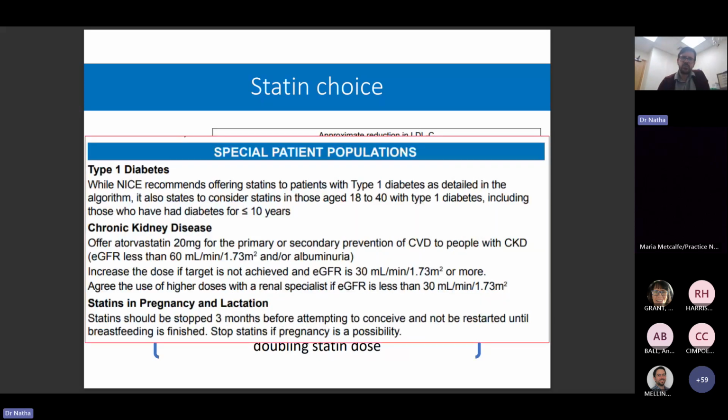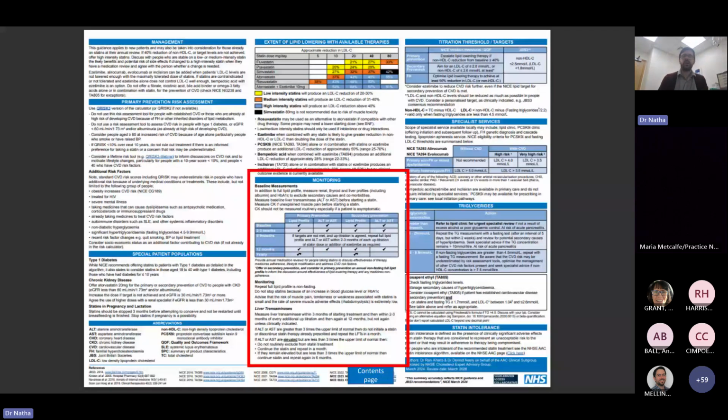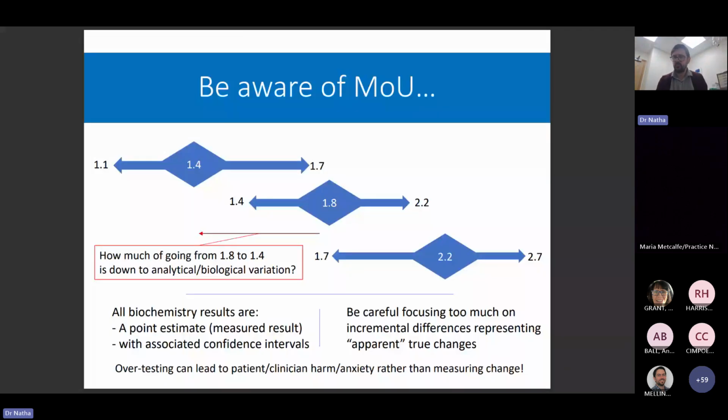The other point when it comes to titration and going between different treatment targets, and something that within the laboratory side we don't explain very well, is this concept of measurement of uncertainty. So every value that is produced by the lab will have a degree of uncertainty around it.